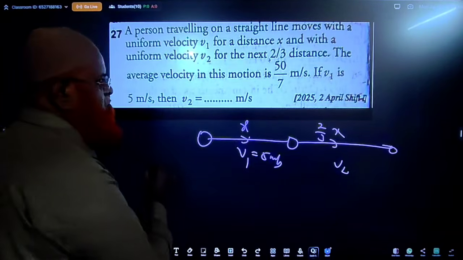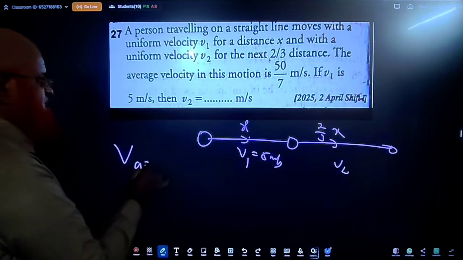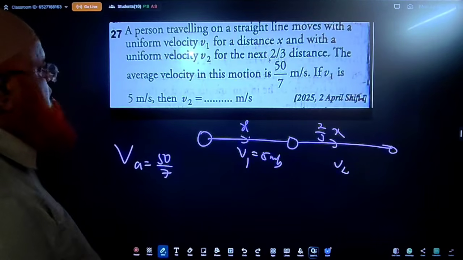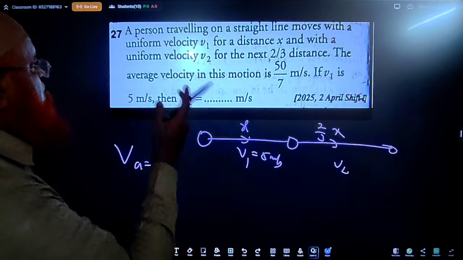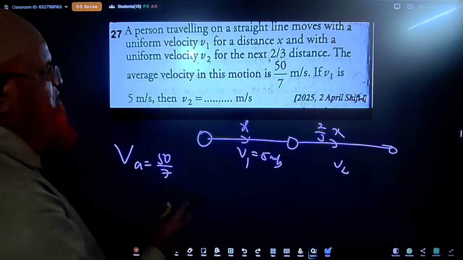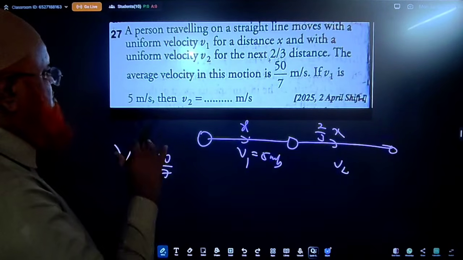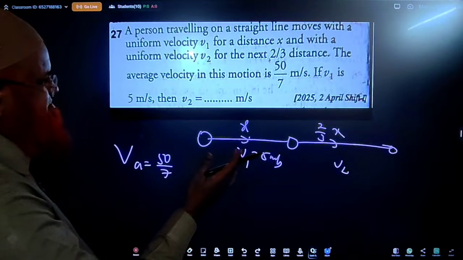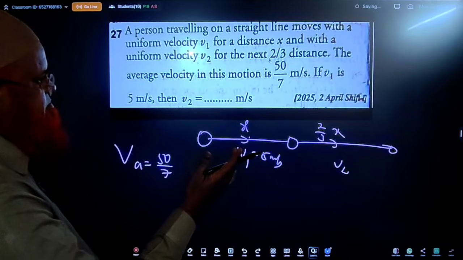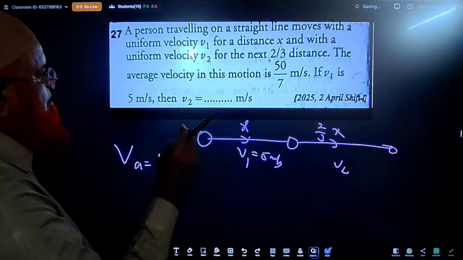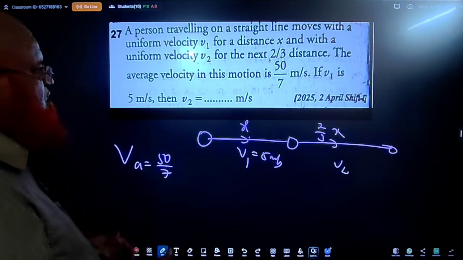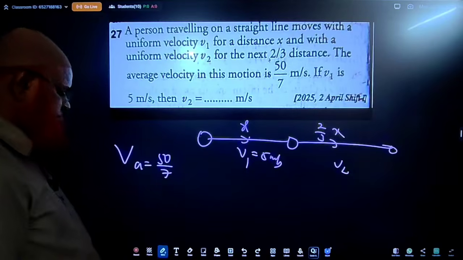the average velocity of the motion, he has given the v average also. How much is that? He gave 50/7. A person traveling in a straight line moves with uniform velocity v1 for the distance x, and with a velocity v2 for the next 2/3 of a distance. Next 2/3 means 2/3 of what? Let's see.